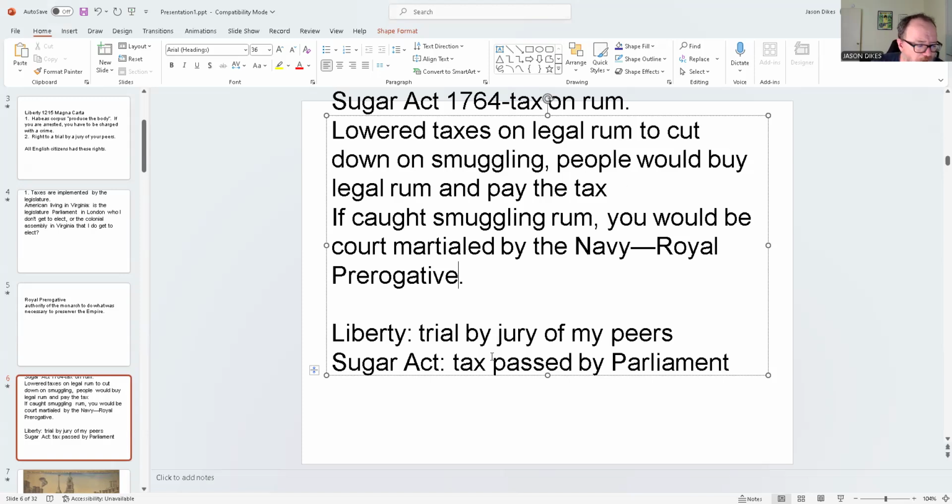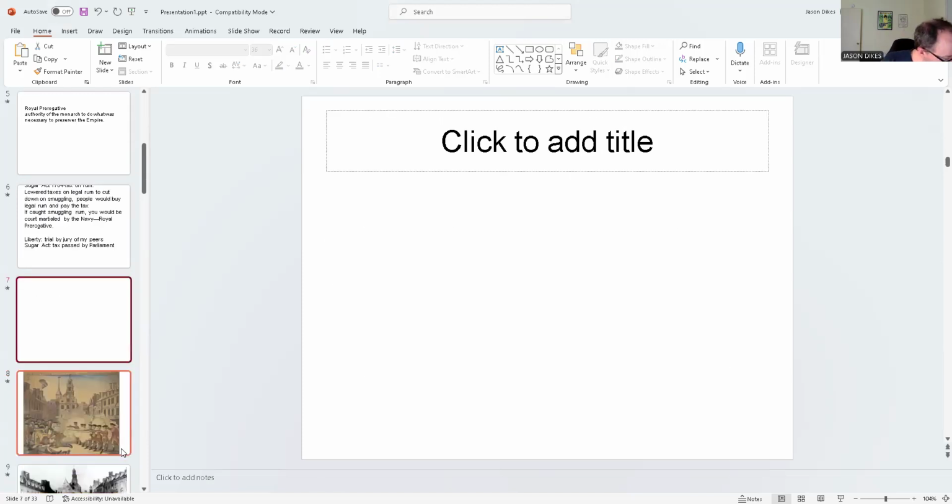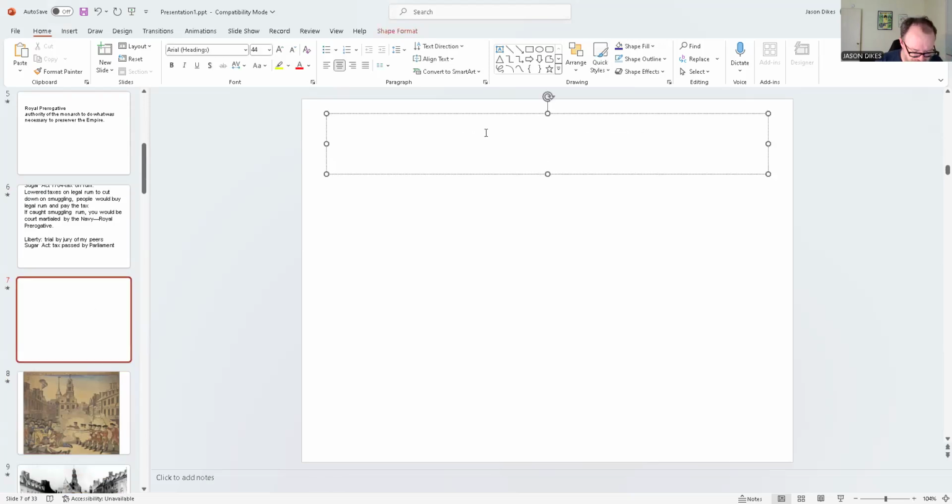All right, why are all these taxes being passed on us? Well, the 7 Years' War, again, had doubled British debt.